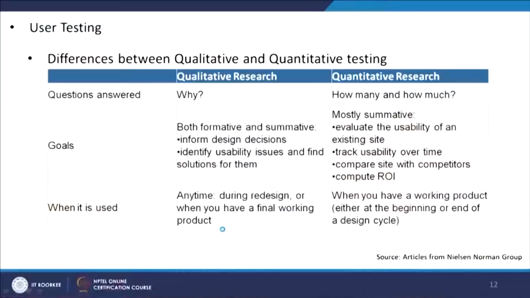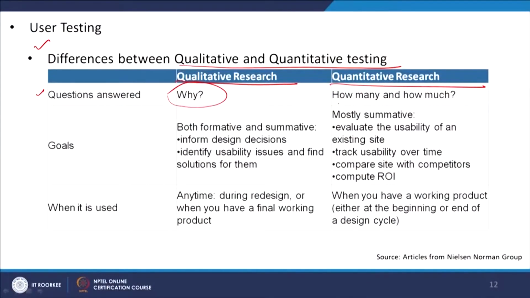So if we look at the differences between qualitative and quantitative testing, they are shown here in a tabulated format. The question answered is generally why in qualitative research, which enables the moderator to take a follow-up question.